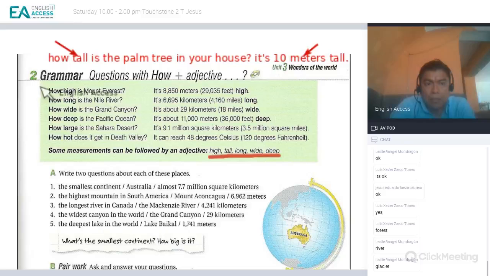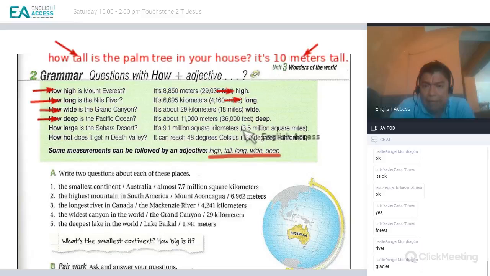It's the same here. How high? We use high. How long? Long. How wide? How deep? Notice the difference. How large? This one is a combination of numbers.